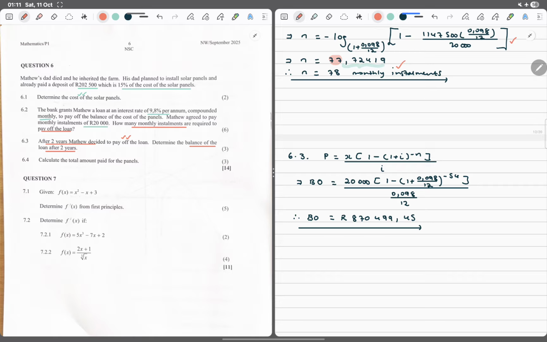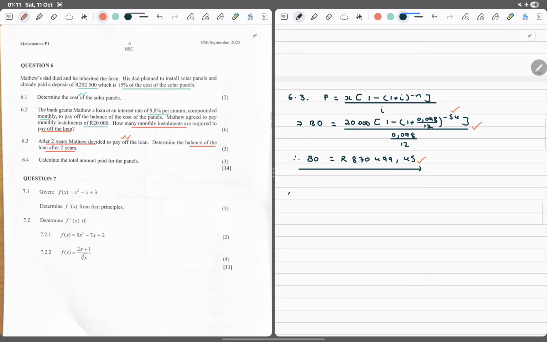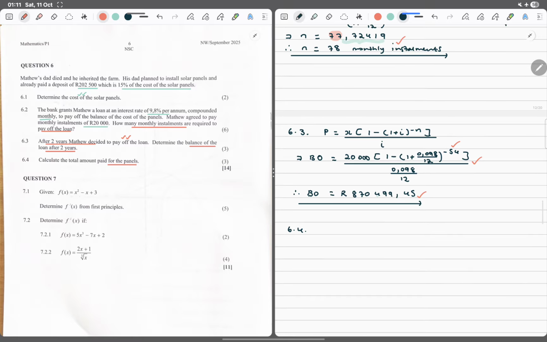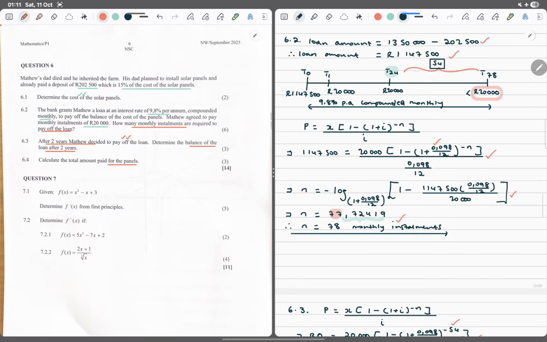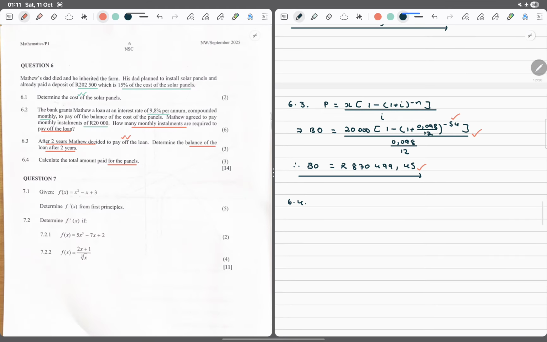Easy stuff otherwise, guys. So again, the exponent here is very important, the substitutions, and the final answer. Nice and easy. 6.4 says, calculate the total amount paid for the panels. Okay, the total amount, remember, it's going to be this balance outstanding plus those 24 payments that have been made.